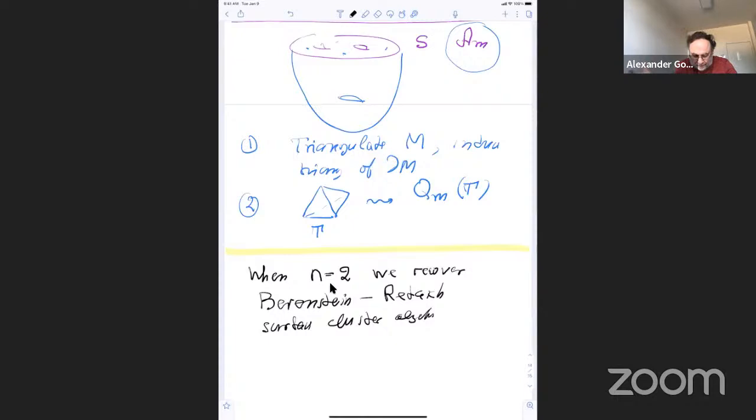Actually, this whole work started 11 years ago, when I talked to Berenstein and Retakh, trying to suggest that what they are doing in their surface cluster algebras has geometric meaning, and this is just the output of this geometric approach. So absolutely, this delivers Berenstein-Retakh surface cluster algebras when n equals 2. Thank you.